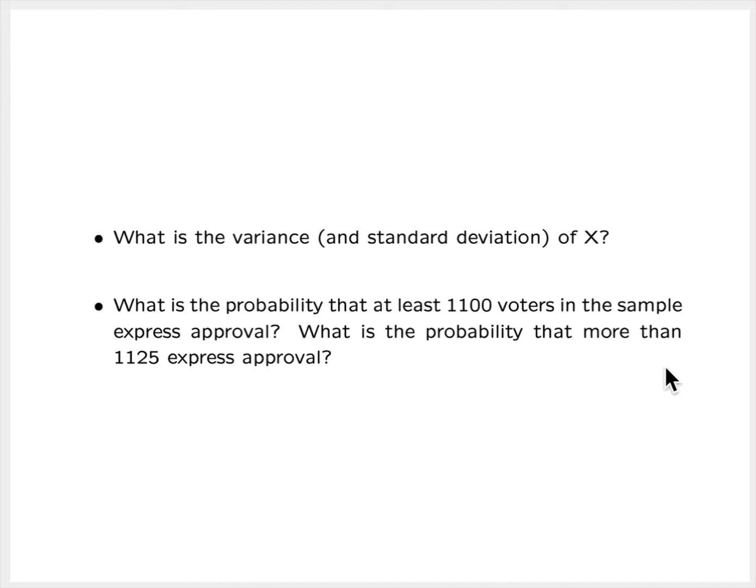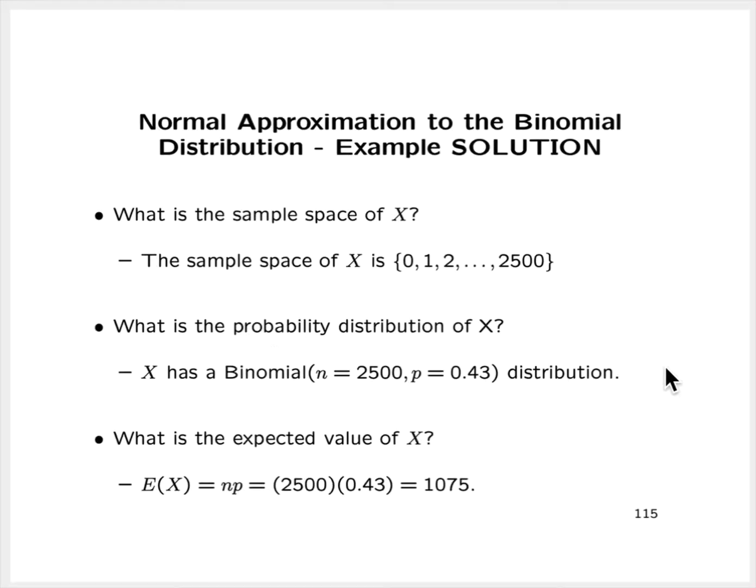And then we'll compute some probabilities, both exactly, using SAS to get the exact probabilities, and then we'll approximate them using the appropriate normal distribution. For example, what is the probability that at least 1,100 voters in the sample express approval? What is the probability that more than 1,125 express approval?